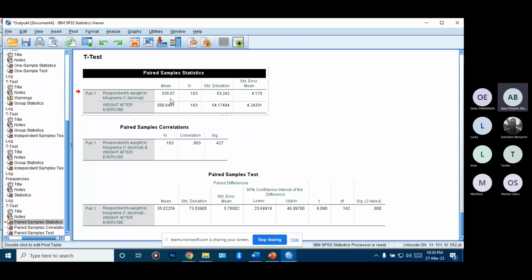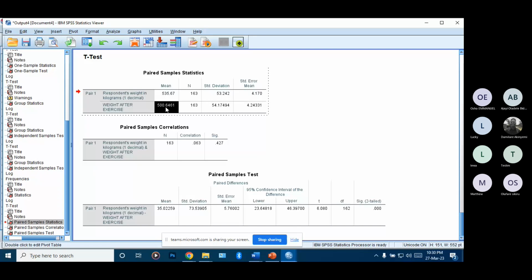After they started exercising, it was roughly 500, right? Now the correlation table shows the correlation between the previous weight and their weight now, and you can see that there is close to zero correlation, right?